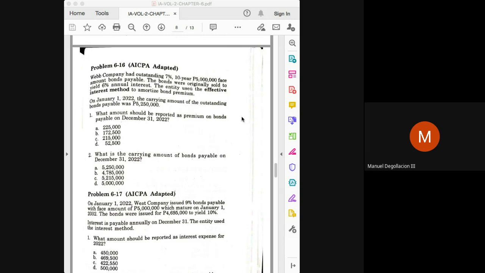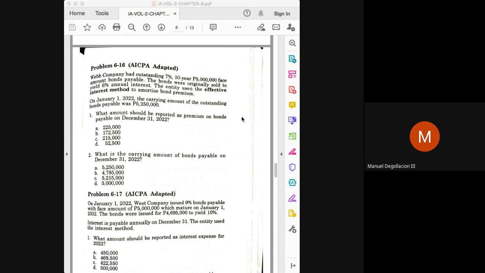And for us to get the amortization, we will have to compare the fixed interest payment with the effective interest expense. Let's check first whether this problem pays interest annually or semi-annually. It states here the bonds were originally sold to yield 6% annual interest, so the solution here will be very straightforward.